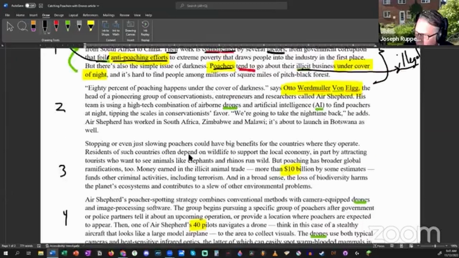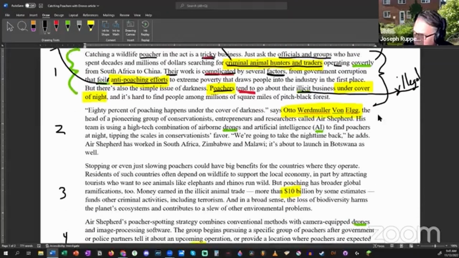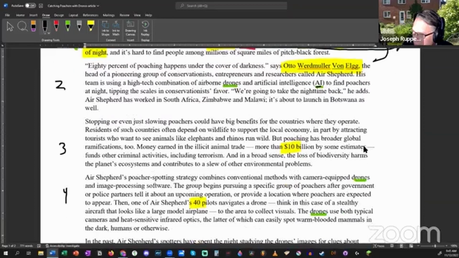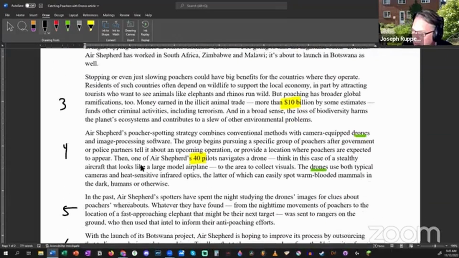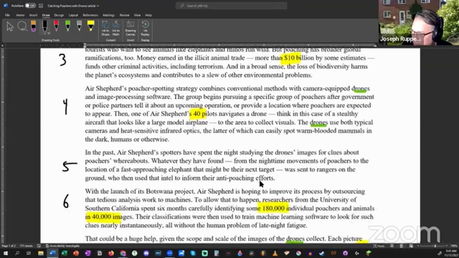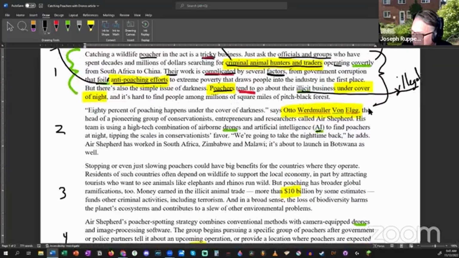So let's hit this paragraph number 2, just because of this AI here. I wouldn't just limit myself to that. I might even just jump down here and see if I can figure out what's going on. But the idea of AI makes me curious. So let's take a look at this paragraph 2 and see if this gives us any clear idea.